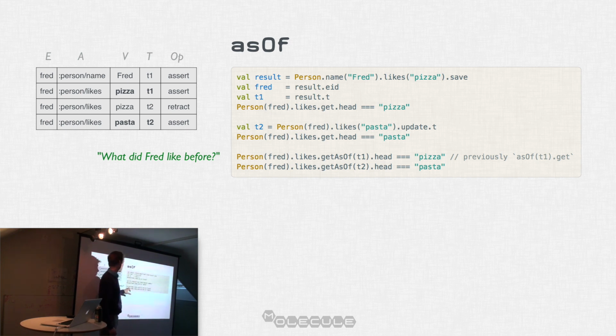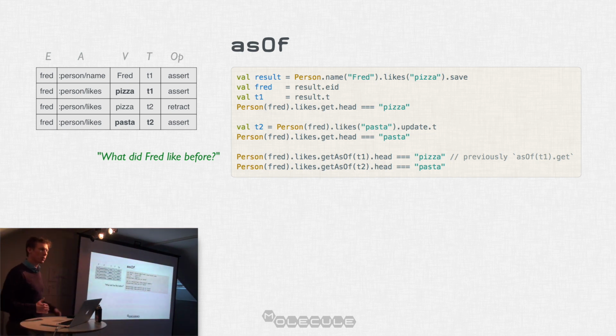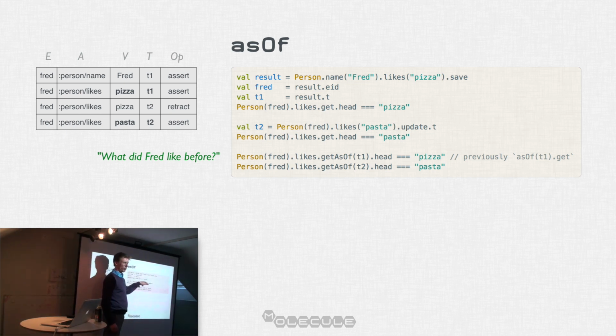So we can ask the third ID, which is the entity ID number. He likes something as of transaction 1, which is the time of the first transaction. That would be pizza. And what he likes at transaction time 2 is pasta. That's the way we get access to data at any time. So this T function is a way to get to some data.